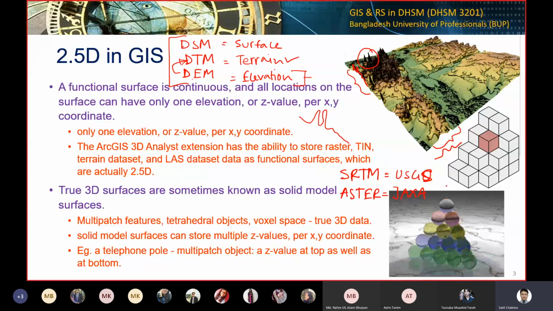Why is it a solid model? Because if I try to identify the height at the middle, I have one height here, and I have multiple heights throughout this marble. Then I go to the next marble. The next marble starts here, and I have multiple heights on this marble.